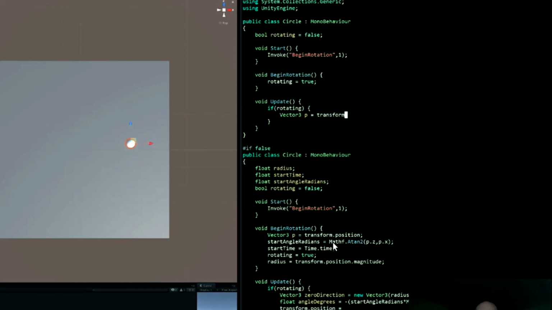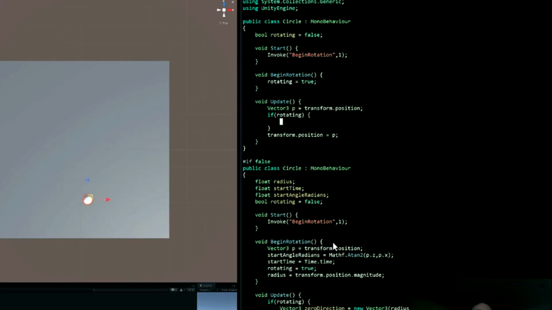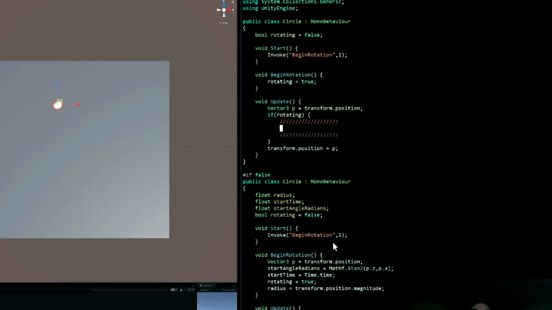So what we do is we say Vector3 p equals transform.position. Just to highlight the point, this is not the mathy bit. And transform.position equals p. Okay, that's not the mathy bit. This is the mathy bit, right in here.